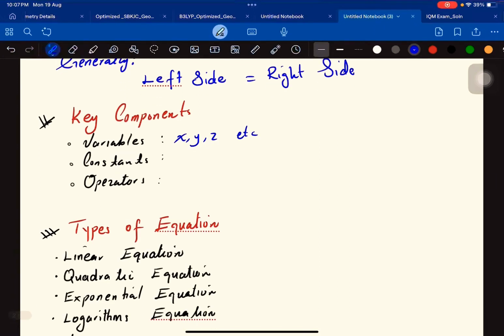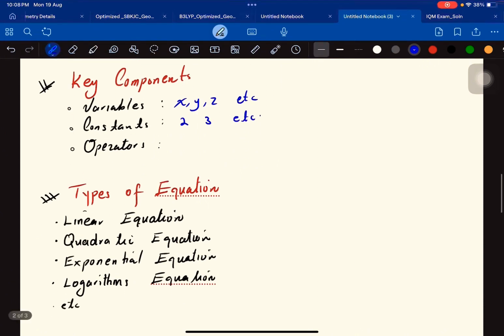And also we look at the constants. Constants are values that do not change in an equation. They can be numbers and they can also be letters, but they do not change at all. For instance, we have 2, 3, etc. in an equation.